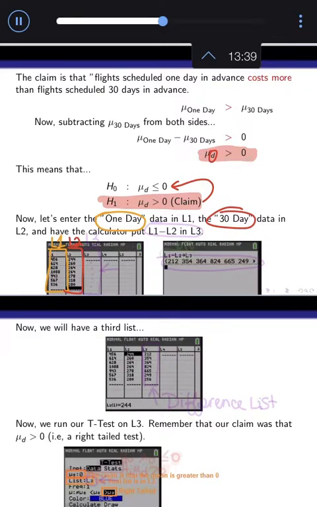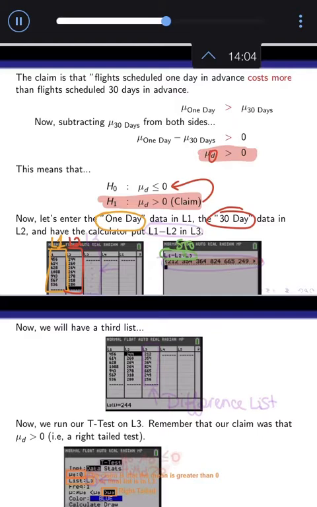So you have to go back to your main screen on your calculator and do your L1 minus L2. Remember the little arrow here is the STO key, the store key, and store it into L3, and then press enter. Notice when you press enter, it will find the list of all the values subtracted from L1 and L2.